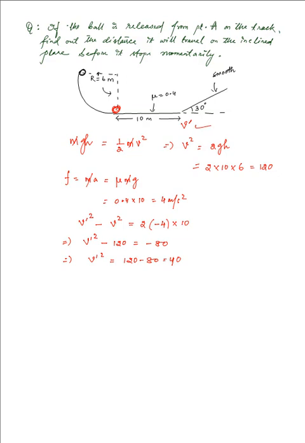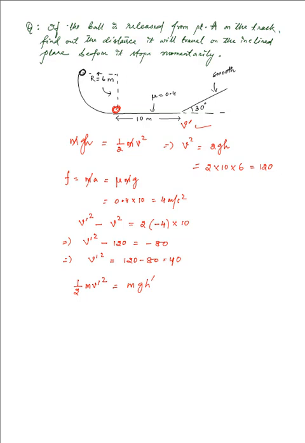Now we'll keep it in that squared form, because we are to determine the height to which it will reach. As far as the conservation of energy is concerned, it will rise to a certain height where the kinetic energy at this point will be equal to the maximum potential energy. The kinetic energy is half m v prime squared, which equals m g h prime, taking the height here as h prime.